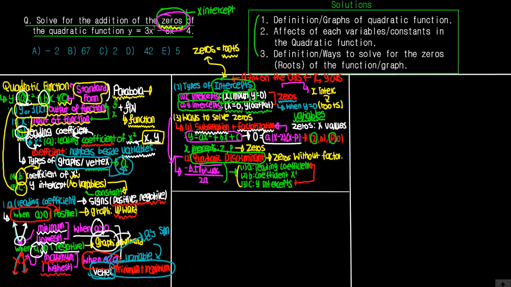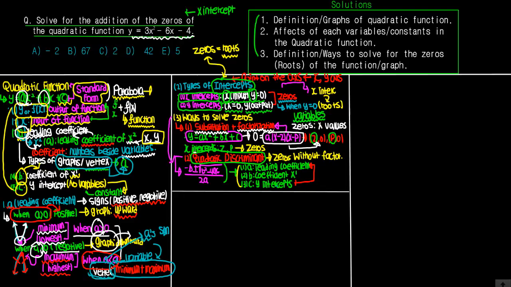Then we factor it into binomials, and we solve for our roots, which we call the x-intercepts, which is going to be our answer. But this function, y equals 3x squared minus 6x minus 4, was unfactorable, which means we can't apply the first one.